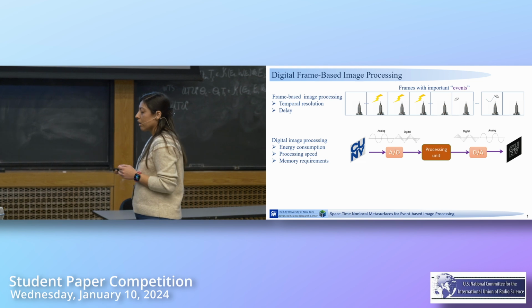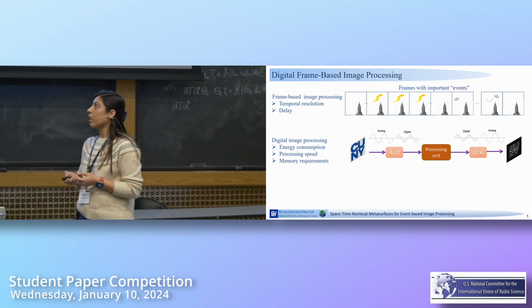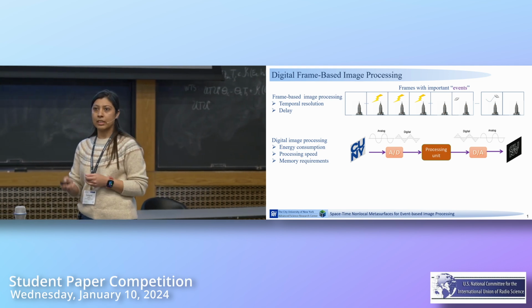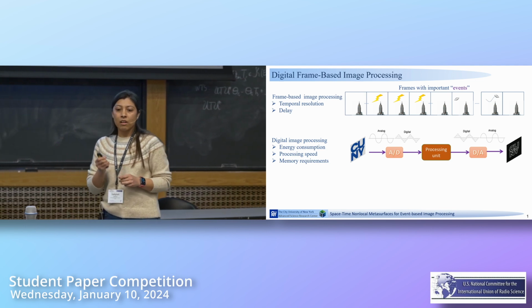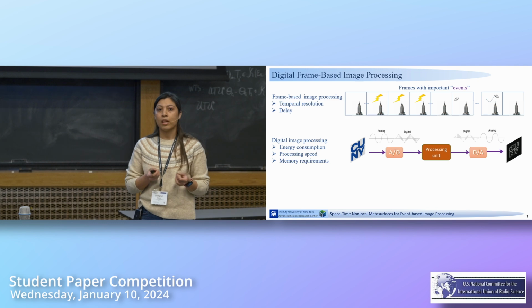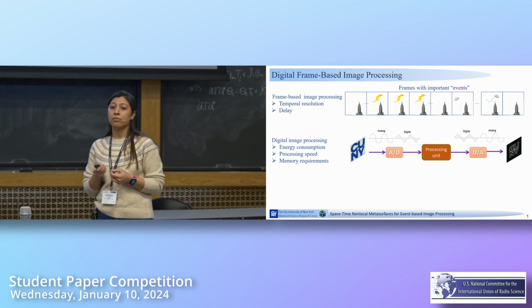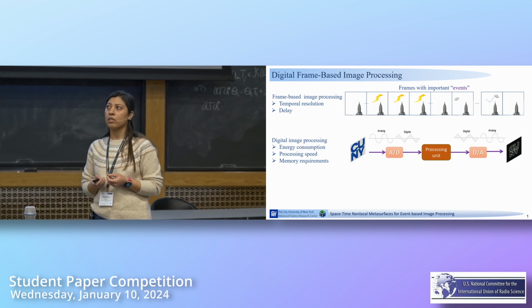So in frame-based imaging, we take pictures of the scene at constant time intervals. And that already implies that we have some time delay, and we are also limited in temporal resolution.